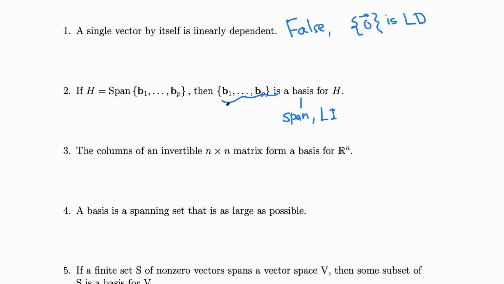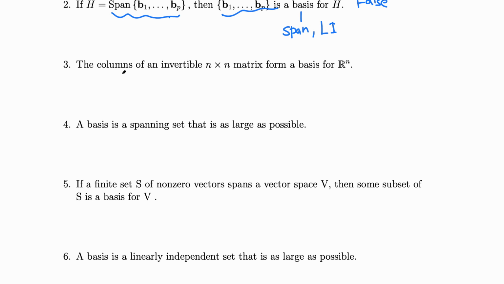So here we got only the first part, spanning part. It does not tell us whether this collection is linearly independent, so that's false. This is false because we need more information. We need this collection linearly independent.